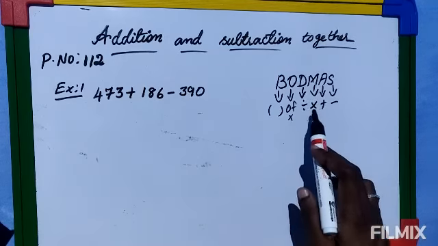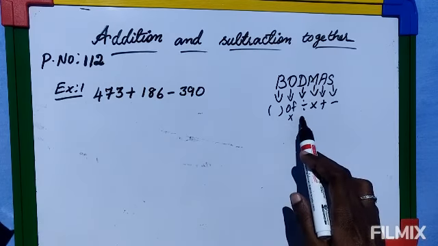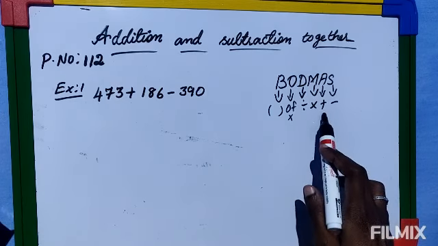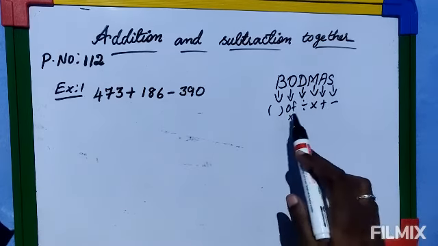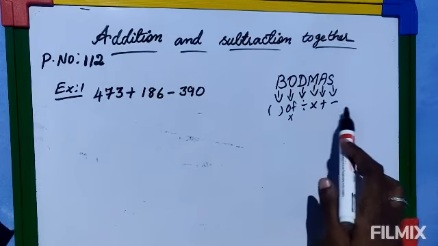After these two, you do the divide. After divide, you do the multiply. After multiplying, you do the plus. After adding, you do the minus. You have to do it in this order; you cannot change the order.